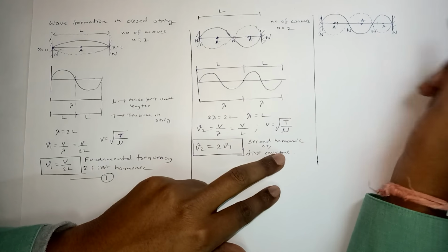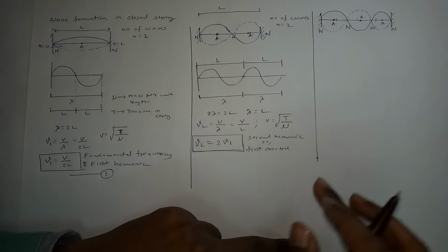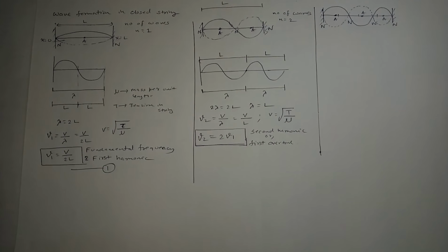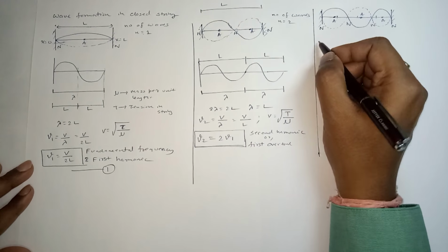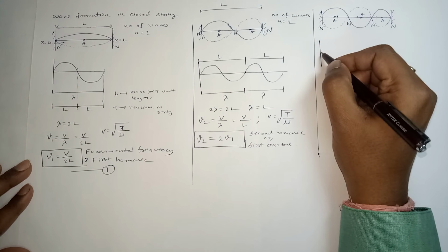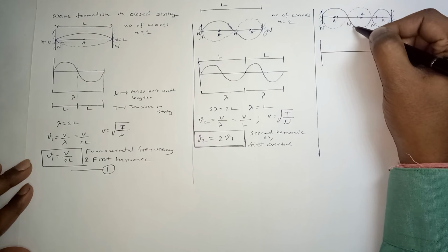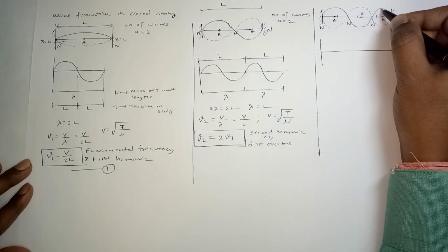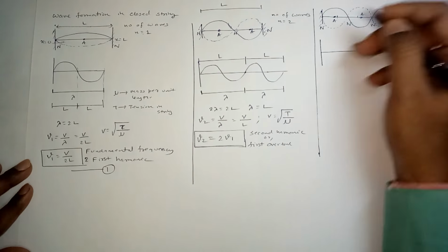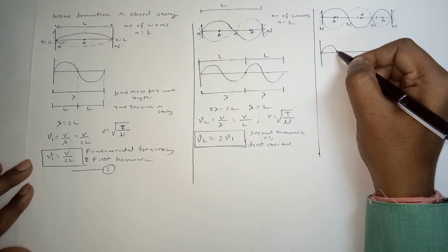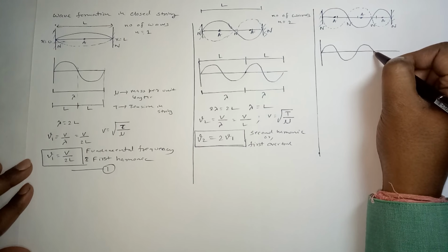Now in this case again you first need to count the number of waves present in this condition. So draw a diagram. See, count the waves. This is your first wave and this is your 1.5 wave. From here it is 1 and this is 0.5, so 1.5.